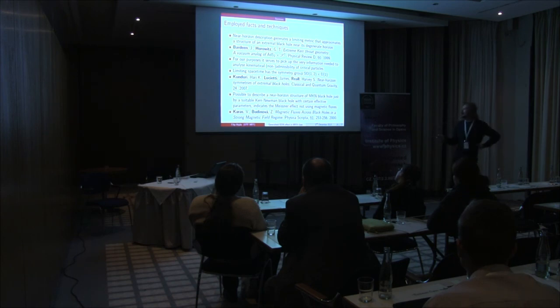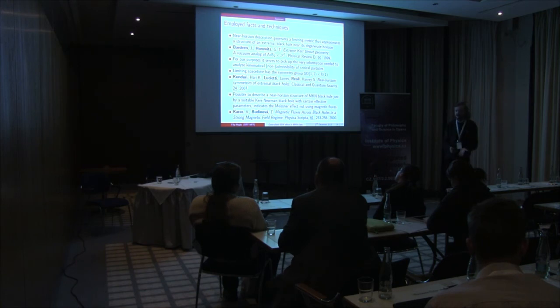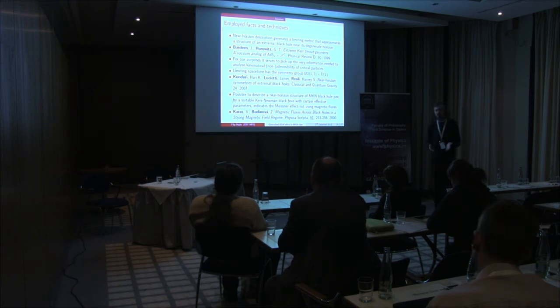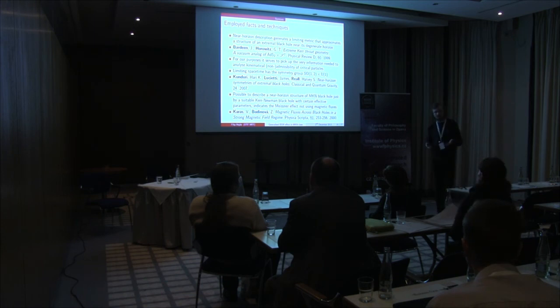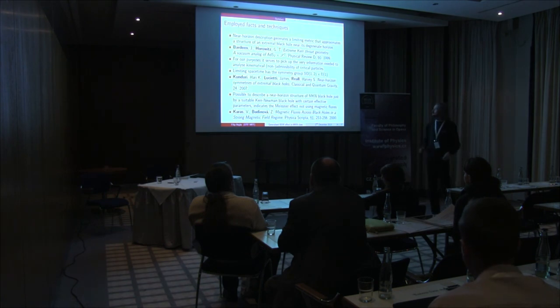A good formulation of this technique is given by Bardeen and Horowitz. Basically, this generates a limiting metric that extracts information about the structure of the original black hole near its degenerate horizon. For our purposes, it picks up the very information that we need to construct those diagrams.